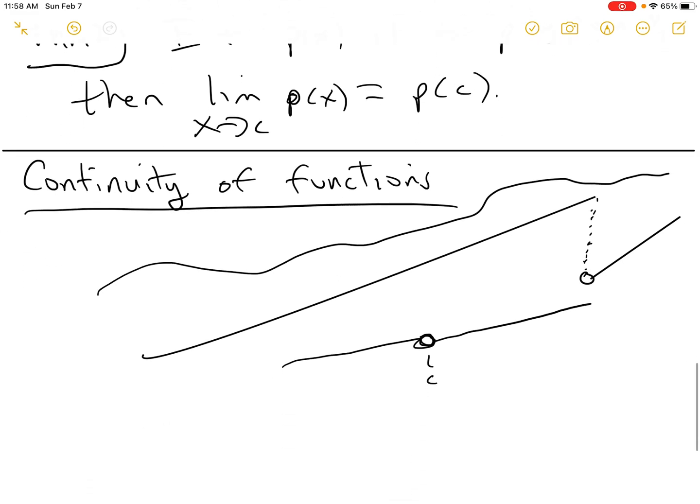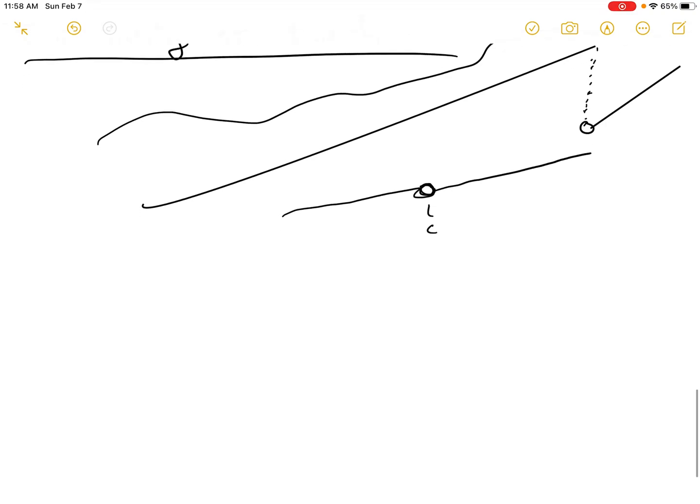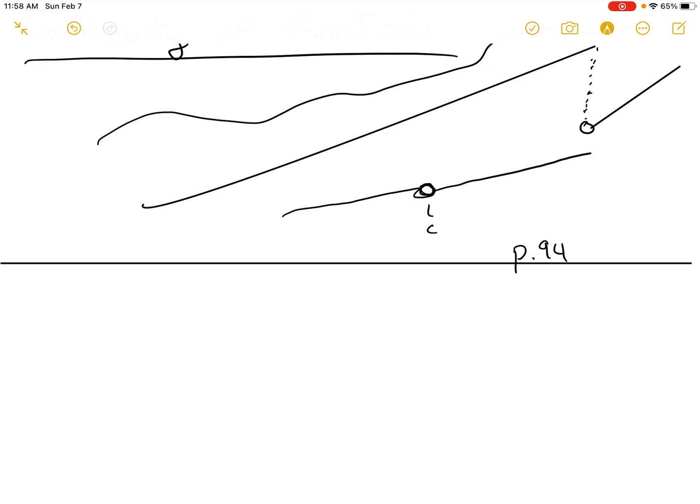But we have to be rigorous in mathematics, so let's make this a rigorous definition. This is synthesized in the box on page 94 in your book. I think they call it the continuity test, but it's really the definition of continuity at a point. So here we go. Definition.